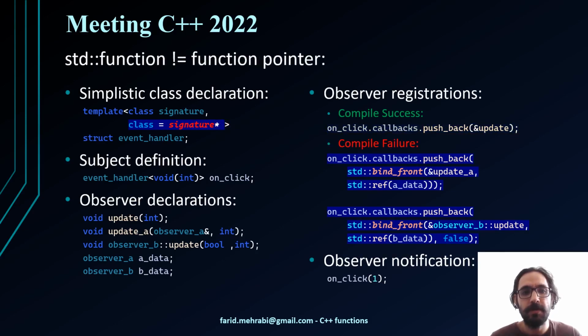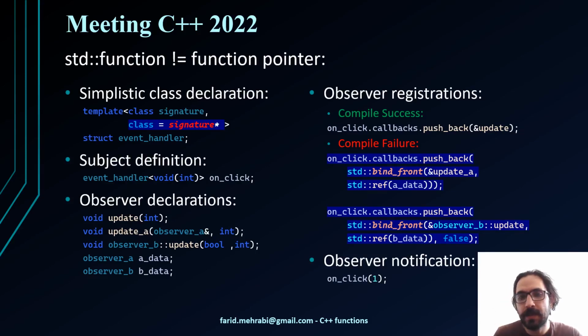We will be in trouble if we change the type of elements stored in the collection class of our event handler. If we change the element type from std::function to an ordinary free function pointer, we will face compilation failures.